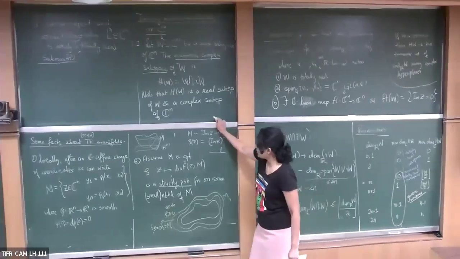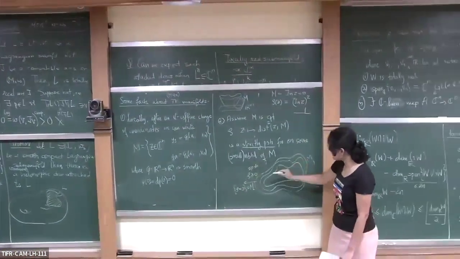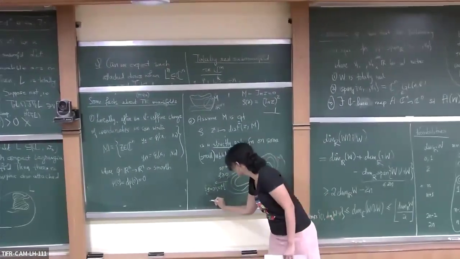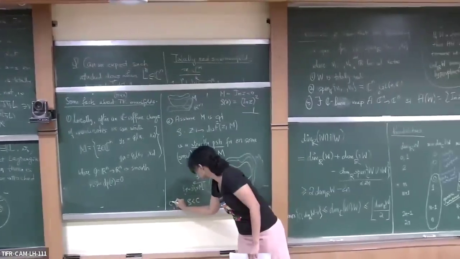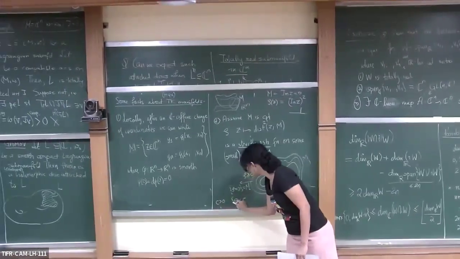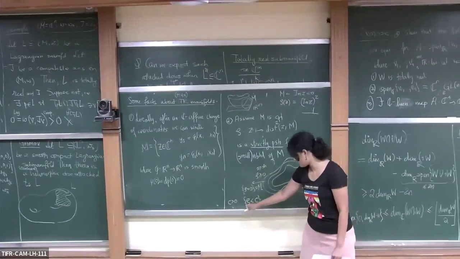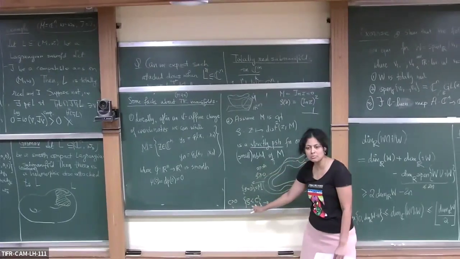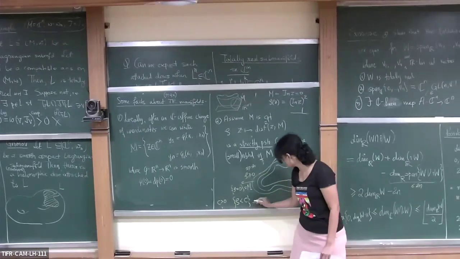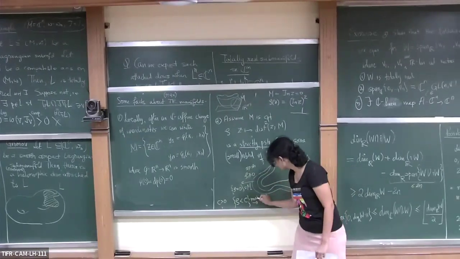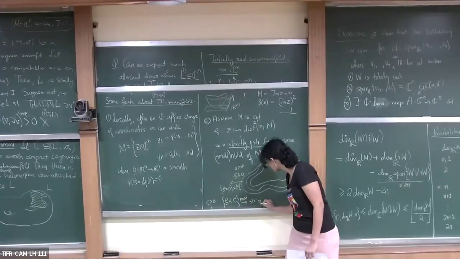And what does that tell us? If I look at the sub-level sets, where c is, let's say, positive, most of these are going to be strictly pseudoconvex domains. These will carve out strictly pseudoconvex domains.